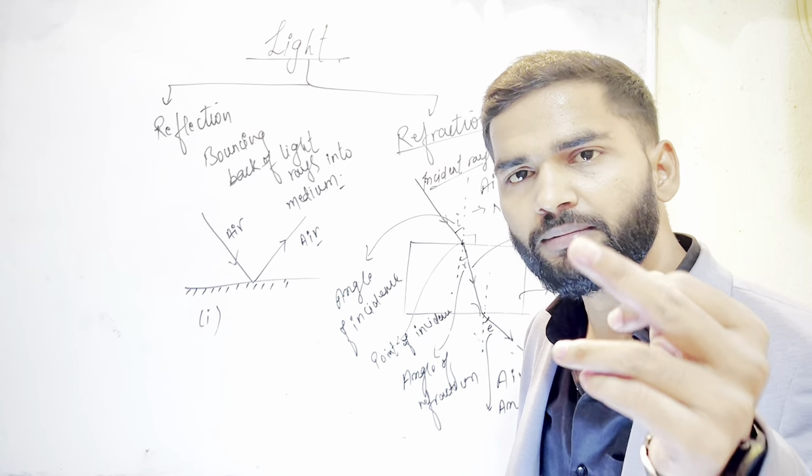in the vacuum to the speed of light in the medium. It is the ratio of the speed of light in air to the speed of light in the medium.